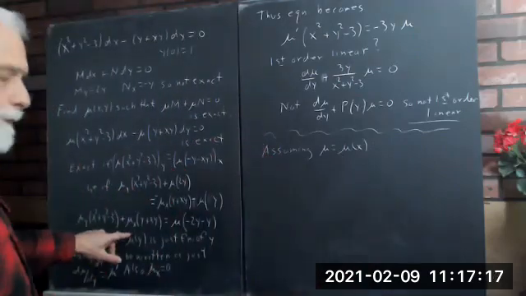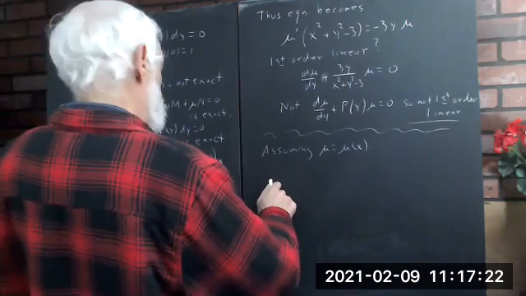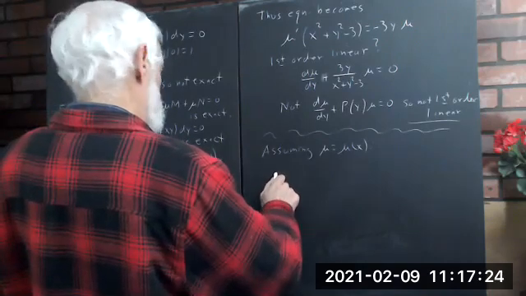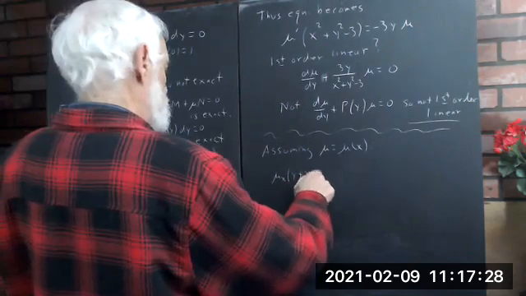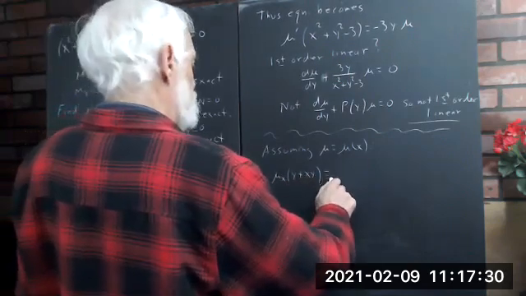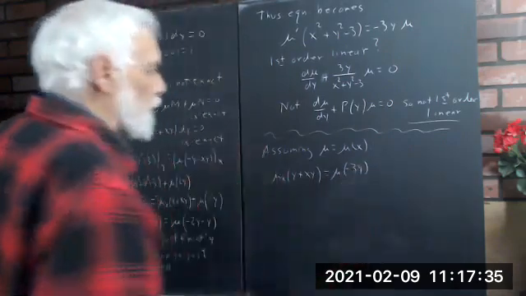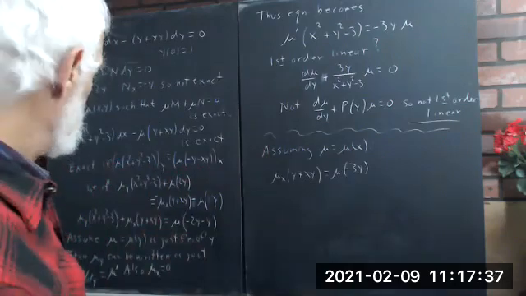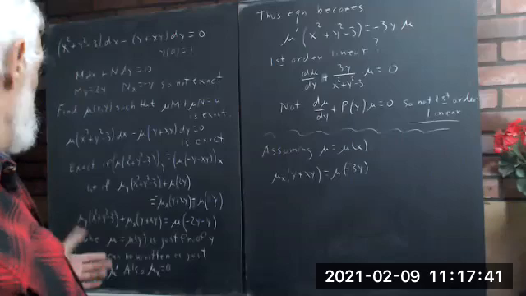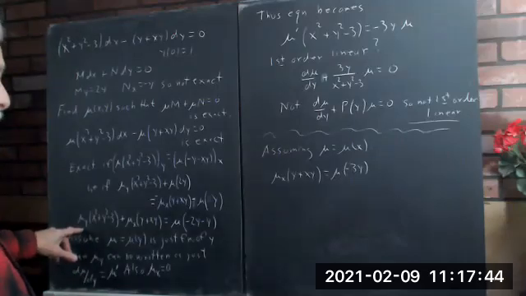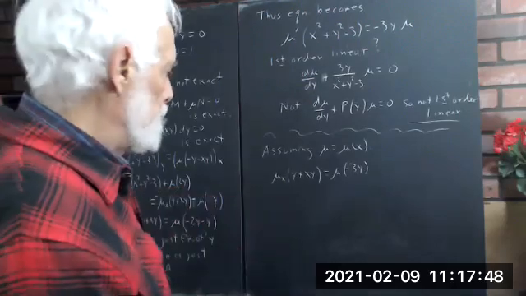Then we get here... could have written that as negative 3y mu. Okay, we get this because then mu y would be 0. And then mu x could be written as mu prime.